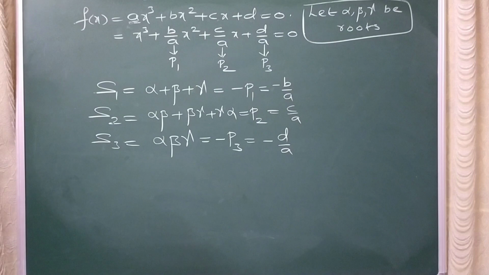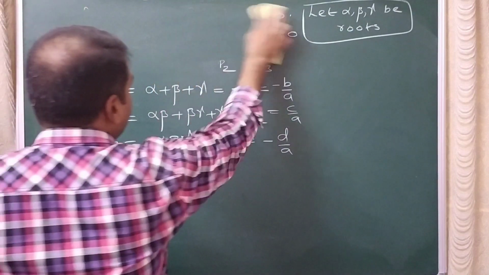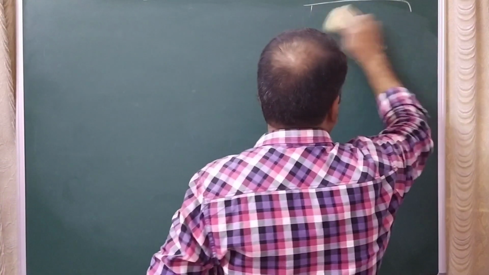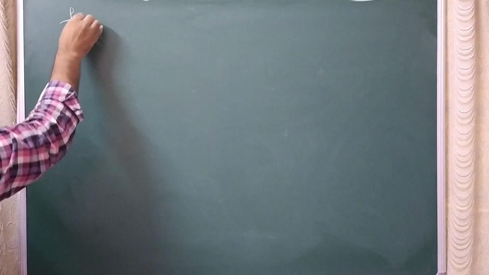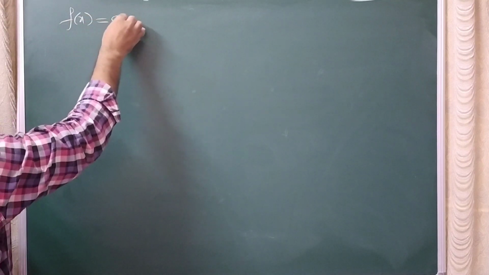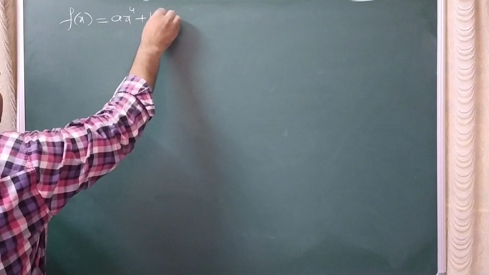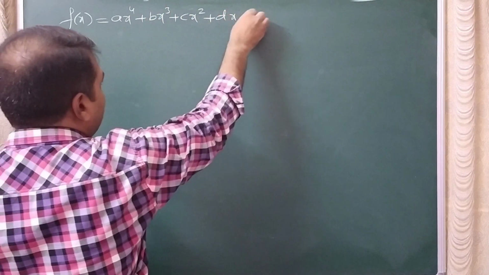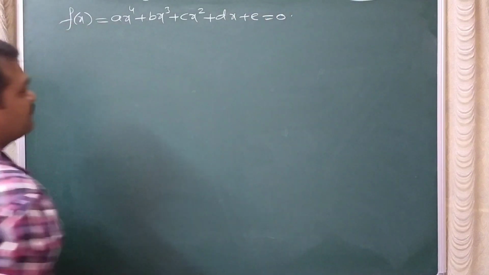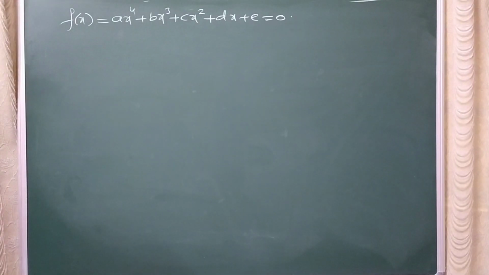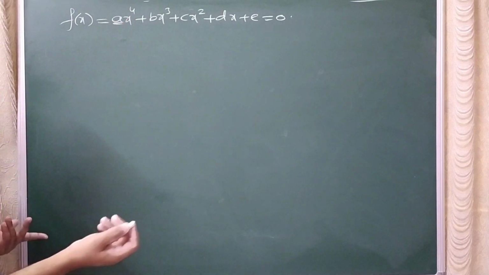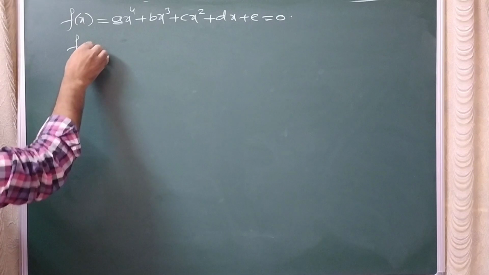Okay, so let us have the discussion. When f of x is a fourth degree equation, for example, f of x is a fourth degree equation. So f of x I am taking as ax power 4 plus bx cube plus cx square plus dx plus e is equal to 0. While deriving the relation between coefficients and roots, we took the leading coefficient as 1. The same we will do here.